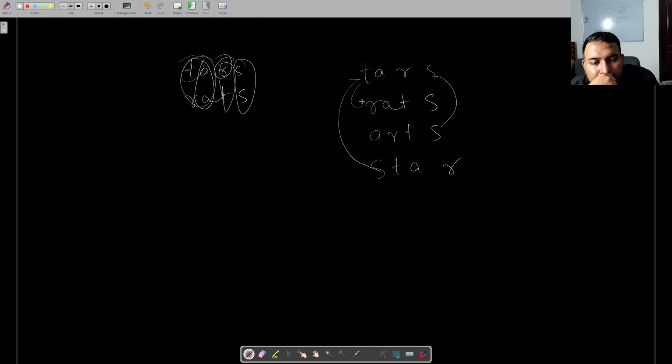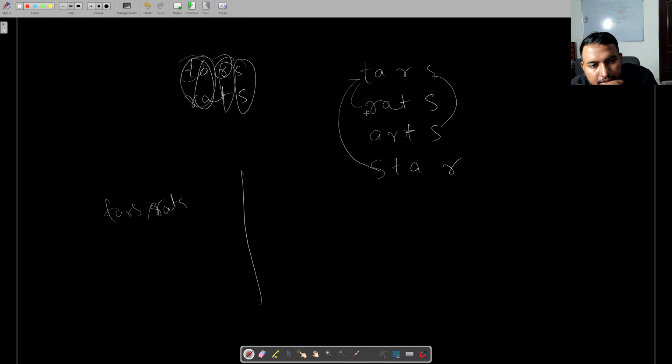So tars and rats will come in one set. So this is another set. Then tars and arts. So this differs by one position, two position, three position, which is not correct, right? So they don't come into one set. And then we have tars and star, which differs by more than two positions, so they also don't come in.